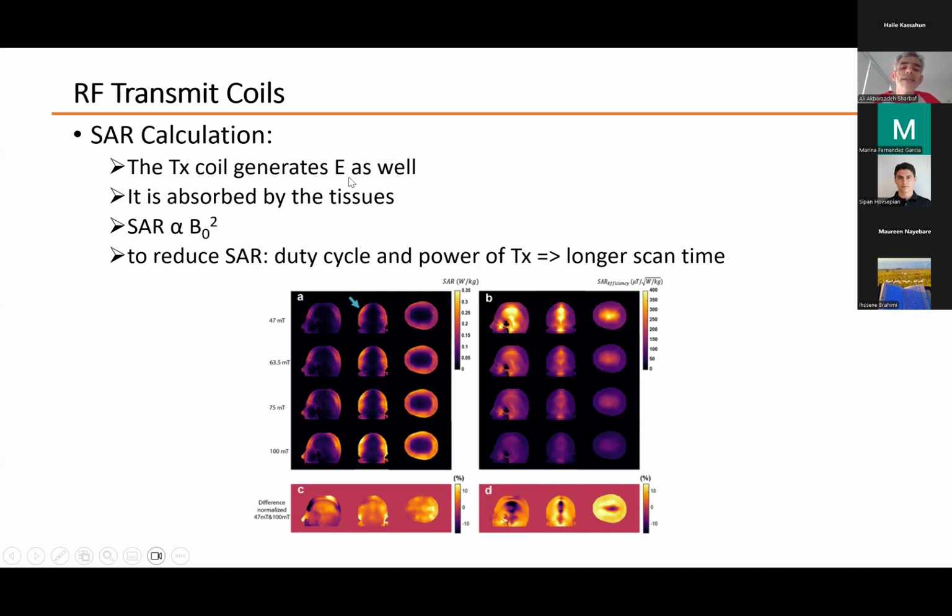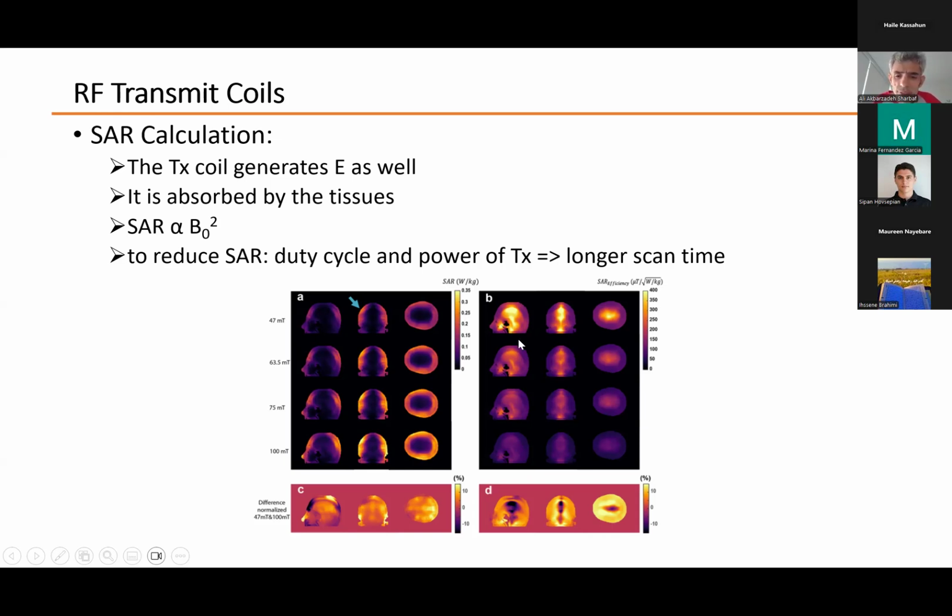This electric field can be absorbed by the tissues and increase the temperature of the body. It can be dangerous, in particular for sensitive tissues like the eyes and brain. There are some guidelines that we have to follow for safety. We have to make sure that the SAR is less than 4 everywhere.